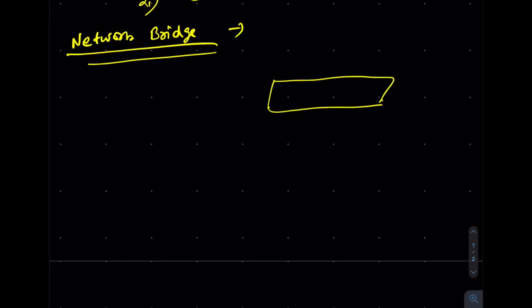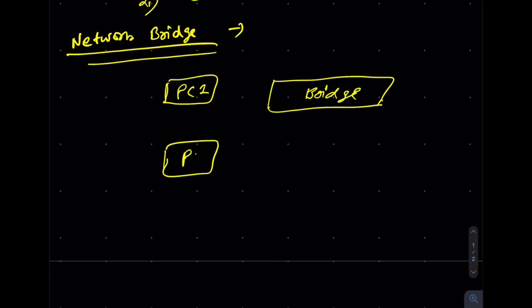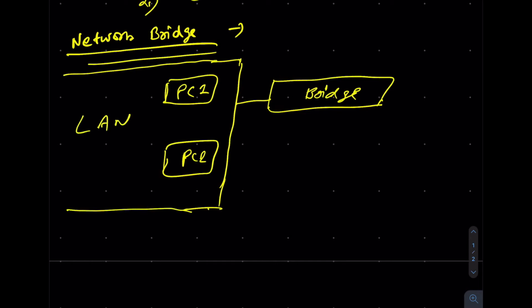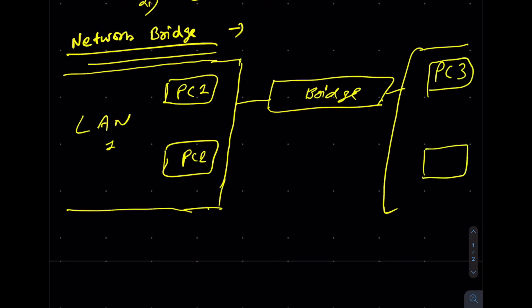So a bridge also works like this: PC1, PC2, a separate LAN. Okay, so this is LAN 1. And we have another one: PC3, PC4, and this is LAN 2.